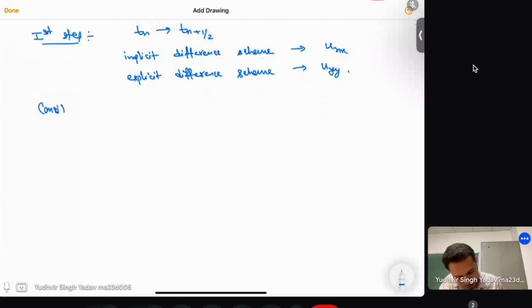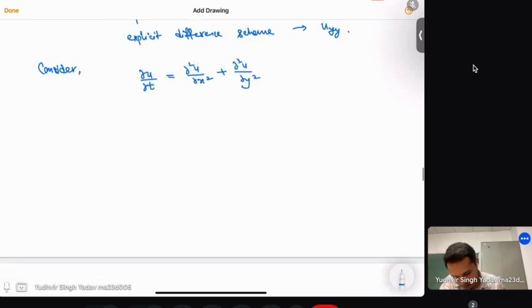For this purpose, first we consider the two-dimensional heat equation, that is del U by del T equals del 2U by del x square plus del 2U by del y square.